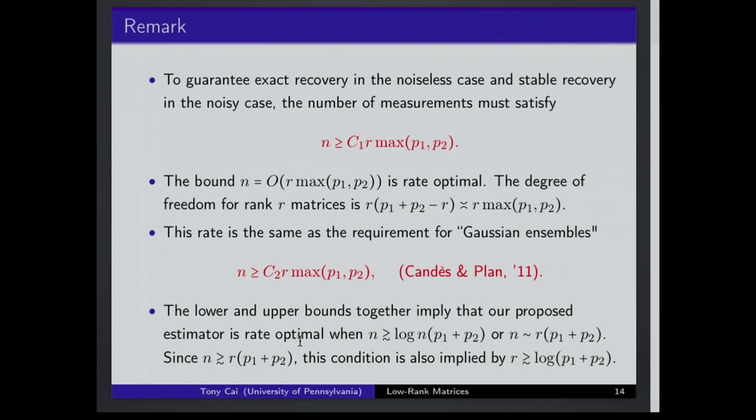And if we compare the two bounds, the lower bound and the upper bound, you'll see that as long as the rank R is not too small, if rank is greater than or equal to log of the dimension, then the method is optimal. Or if n is of this exact order. And we are still not sure what happens if R is very small. And so there's still some room for investigation.